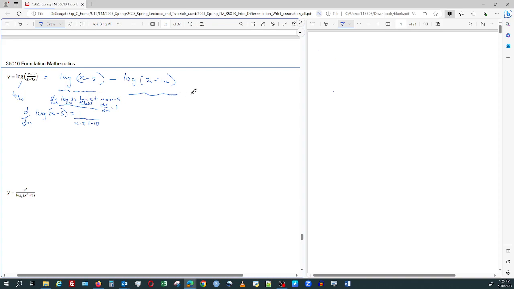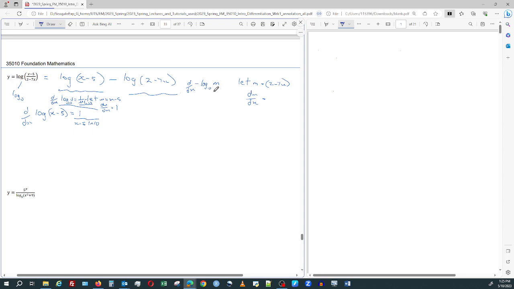So we'll expand this one out a bit further, so we can let m equal 2 − 7x. So dm/dx is equal to minus 7, and this one gets written as d/dx of minus log base 10 of m.